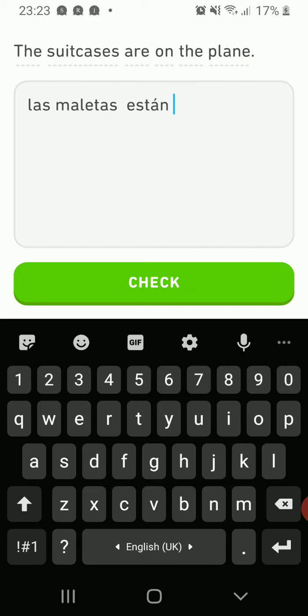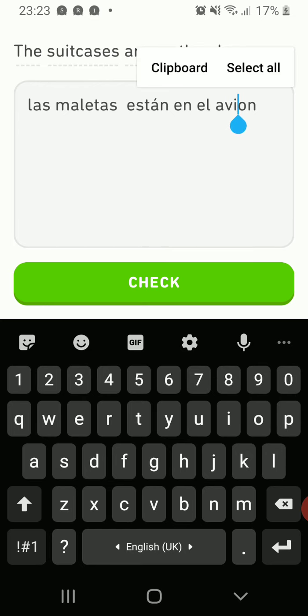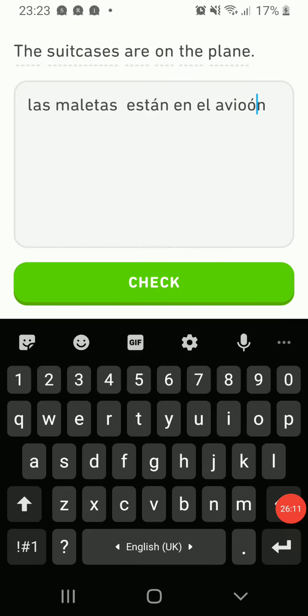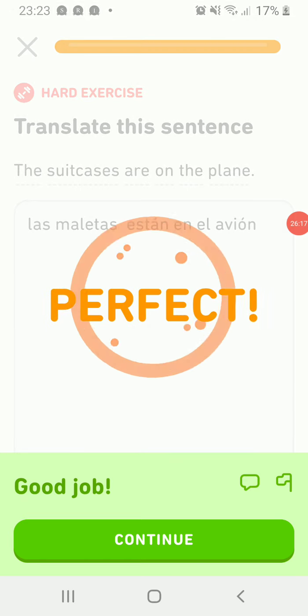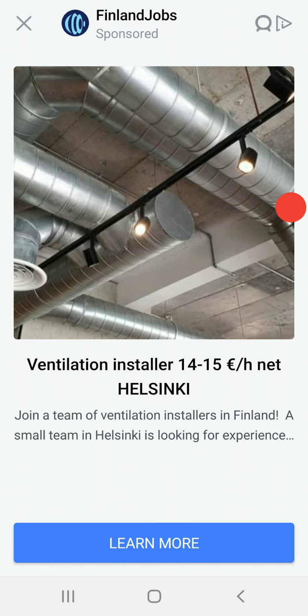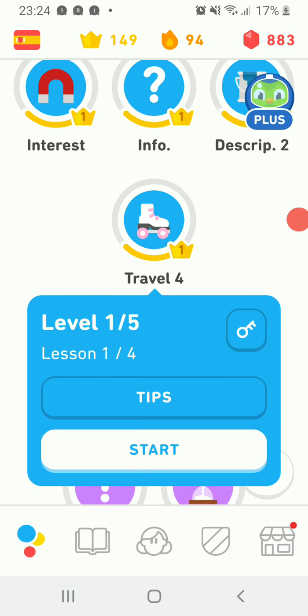So las maletas están en el avión. Avión. There is an accent on the O here, so I should rectify this. Perfect. All right. So that was the second exercise, I guess, for this lesson.